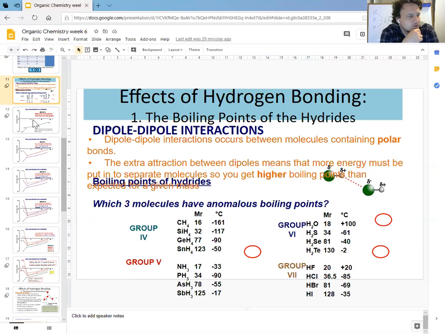So the biggest impact of hydrogen bonds is the impact on boiling point.